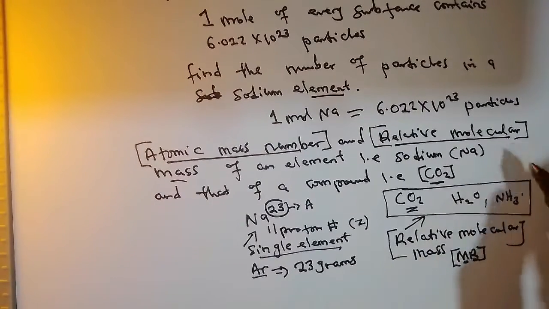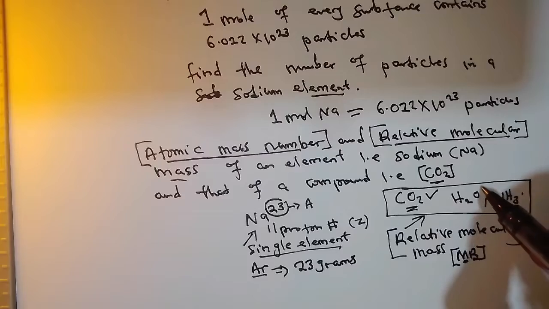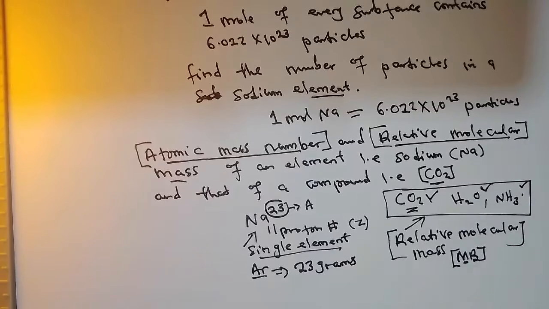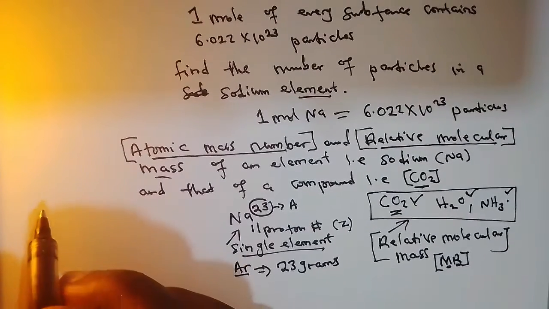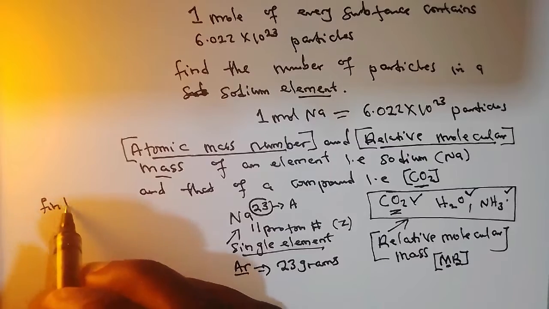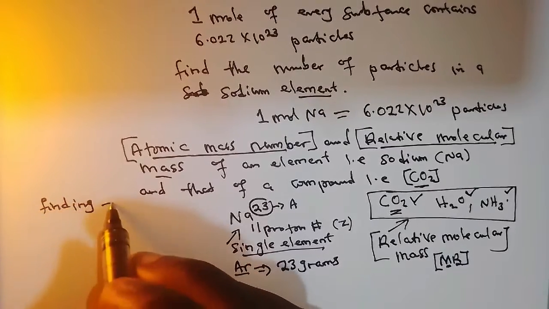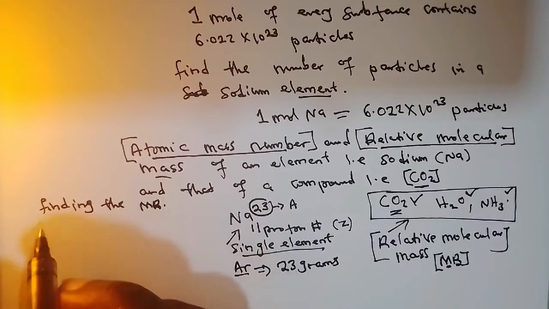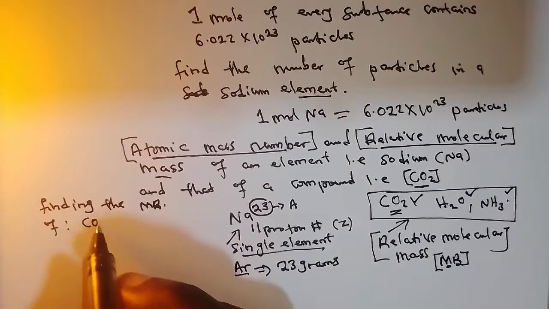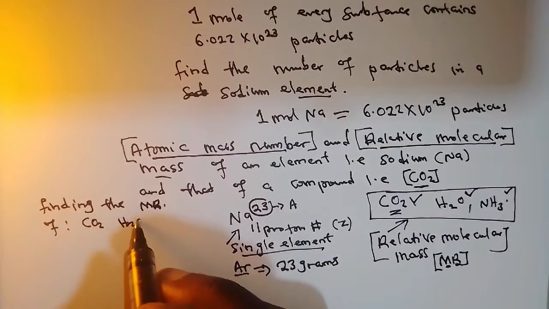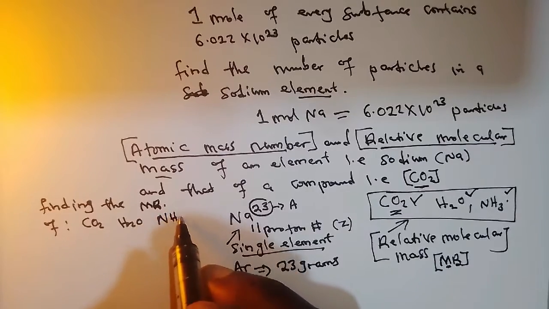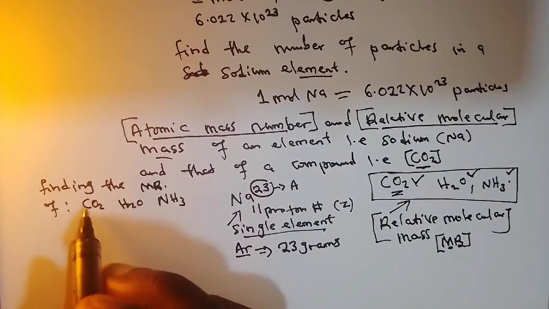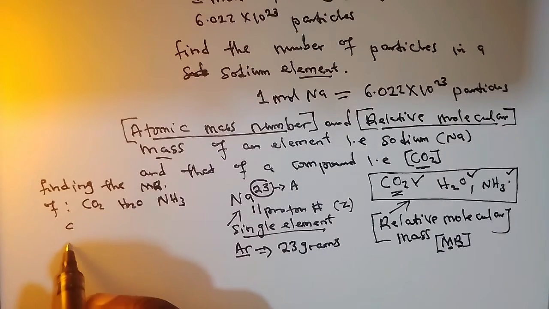And now, if we look at the relative molecular mass of carbon dioxide, water, and ammonia, the way you can go about it is finding the Mr of carbon dioxide, H2O, and ammonia. Okay, so the most fundamental is you have to know the individual masses.